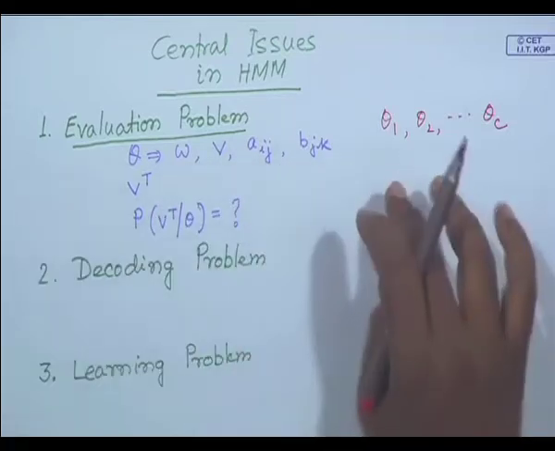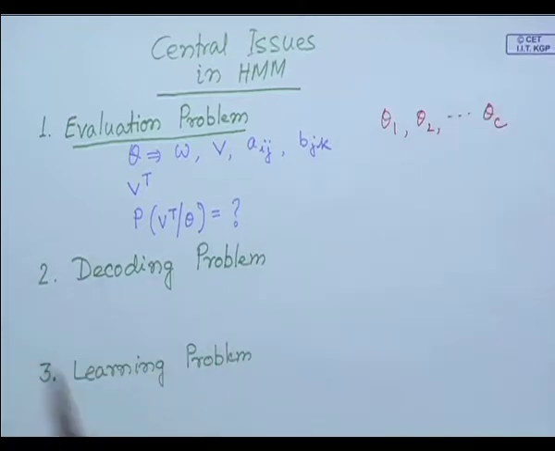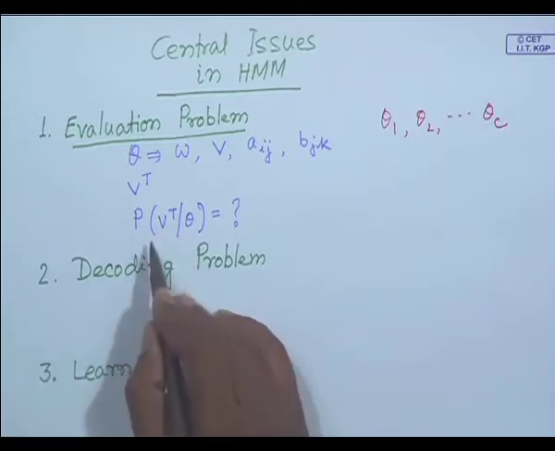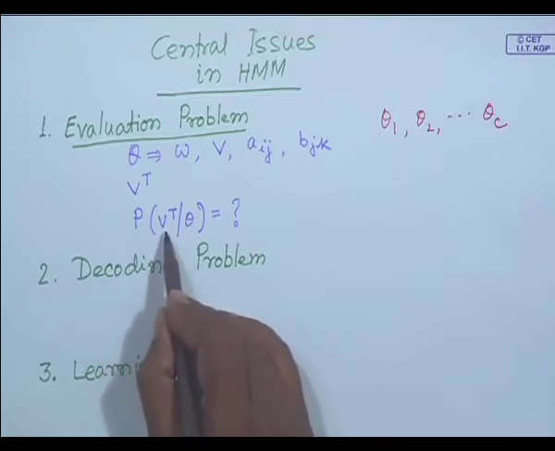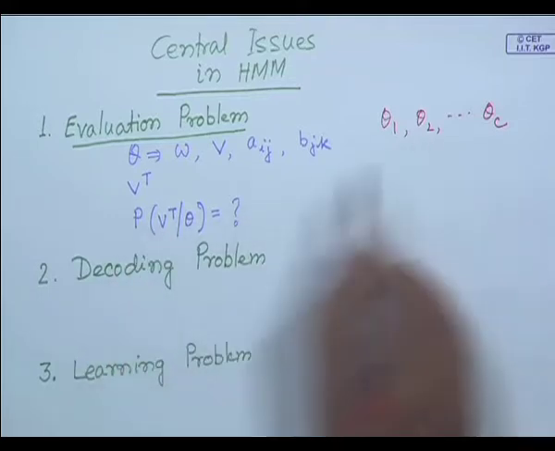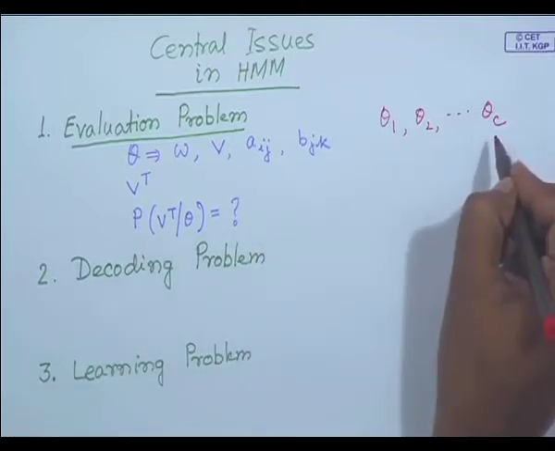So every sequence or class is represented by a separate hidden Markov model. Given an unknown sequence Vt, we have to find the probability that Vt was generated by theta 1, by theta 2, and similarly by theta C. From all these probabilities, we can apply the Bayes rule to classify the input visible sequence Vt.